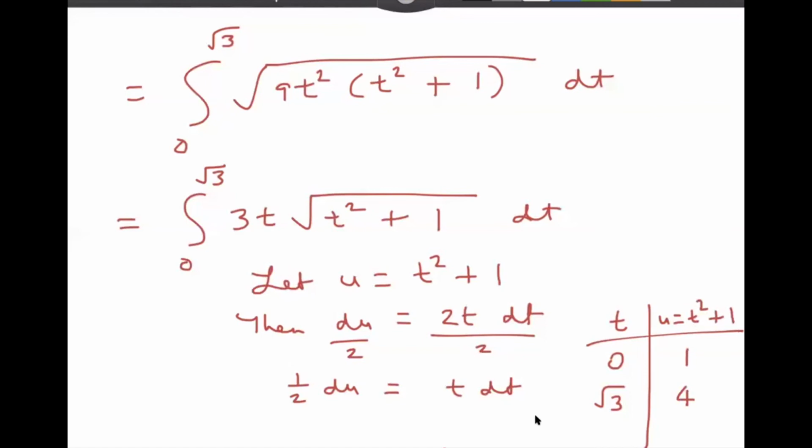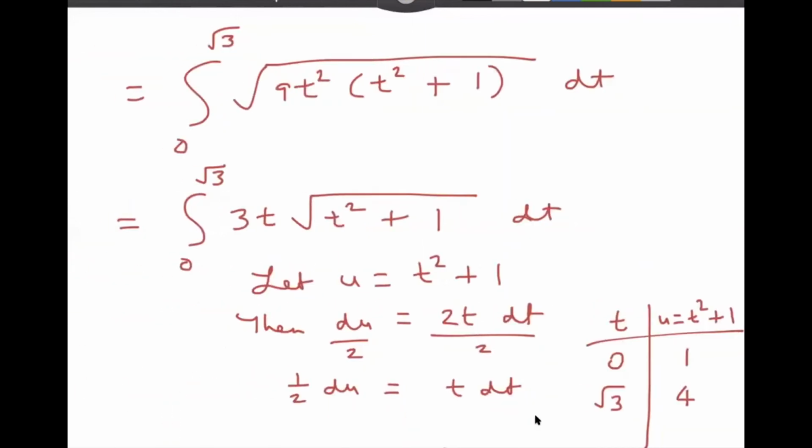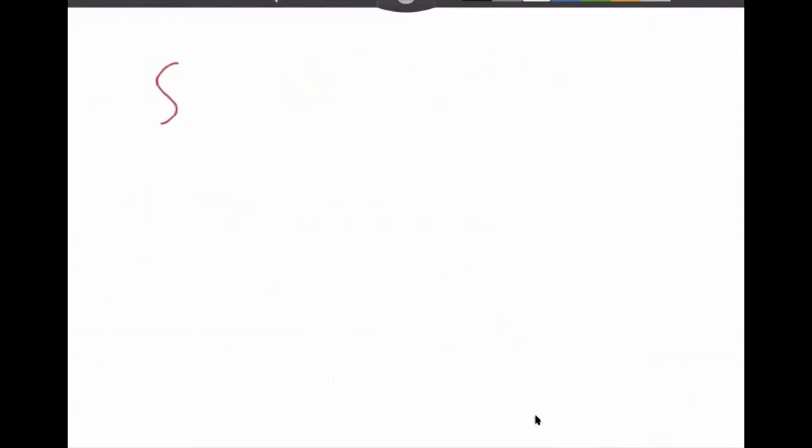All right, so new and improved integral. Let's see, we're going to replace t dt. Well, let's get that 3 out of there. Oh, let me just rewrite this integral. So it's going from 0 to root 3, 3t times the square root of t squared plus 1.